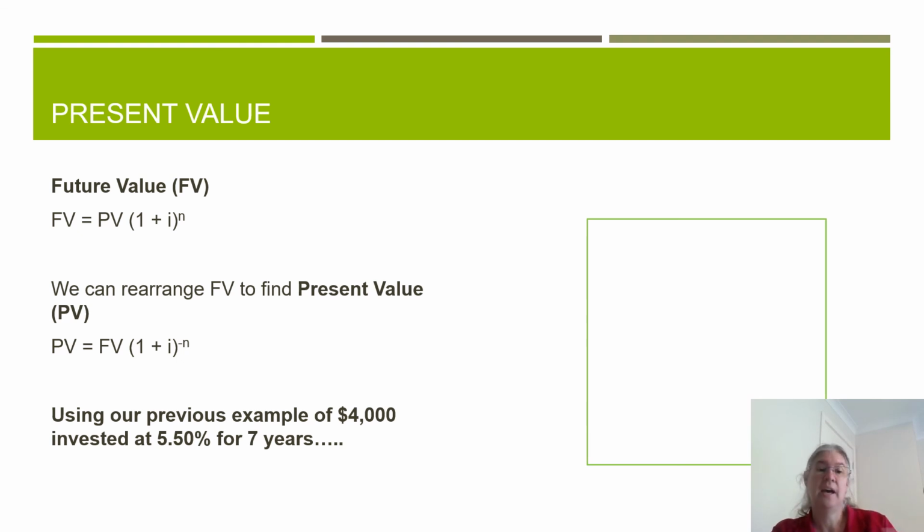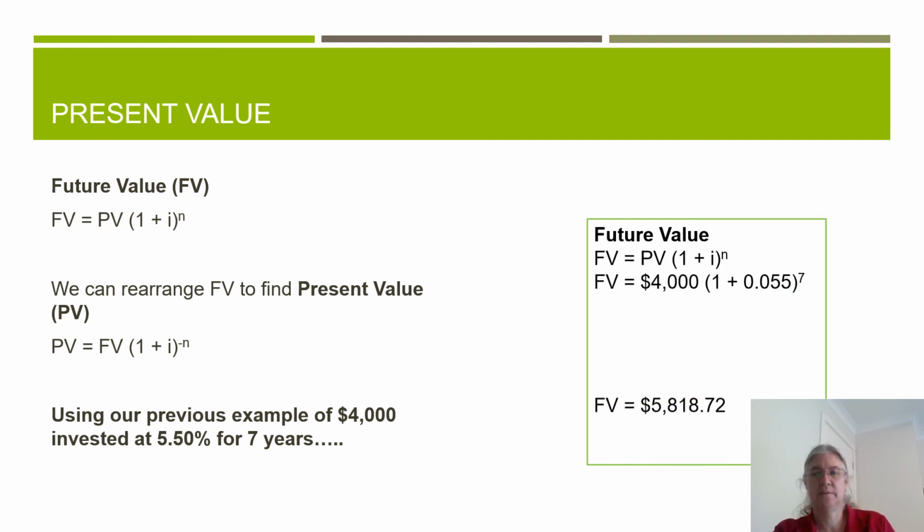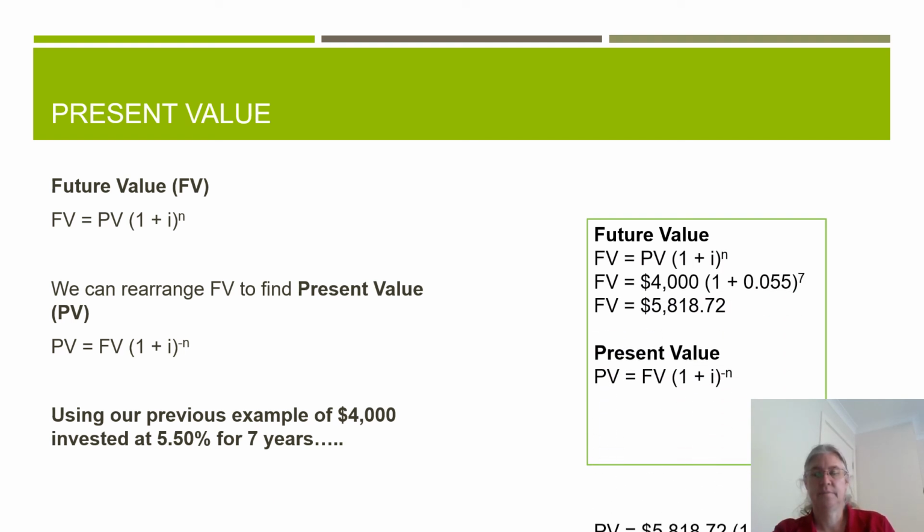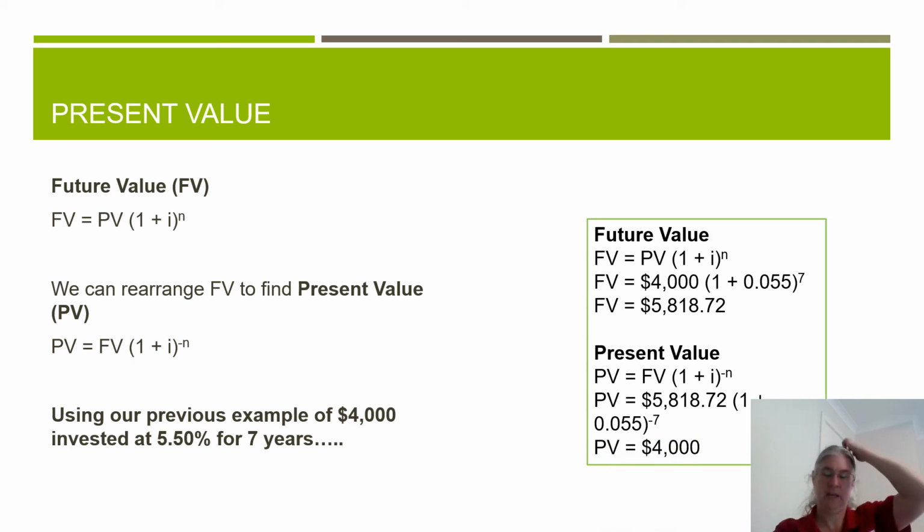Rearrange it, and then we end up with the present value equals future value times 1 plus i to the power of minus n. Or you can put it underneath. So if we use our previous example of $4,000 invested for 5.5%, we come back to that $5,818.